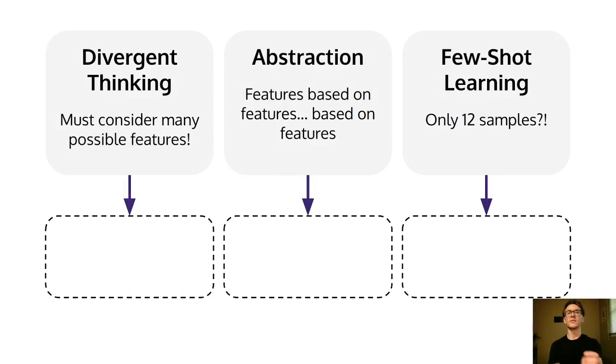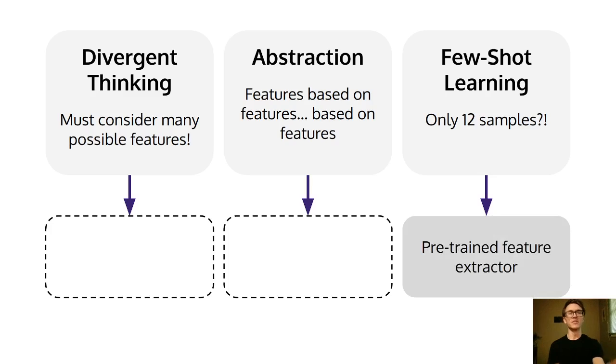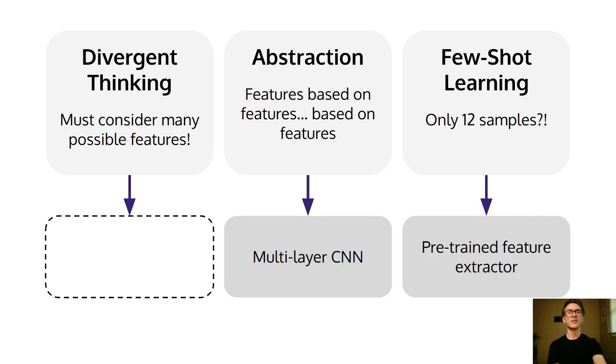So, how do we solve Bongard problems? There are 3 different skills we know a solver should possess. So for few-shot learning, using pre-trained feature extractors is relatively common. Second, we know that CNNs tend to learn increasingly abstract features in subsequent layers.